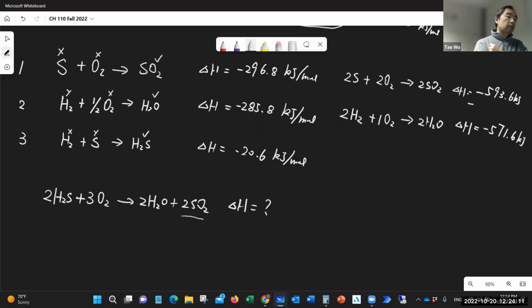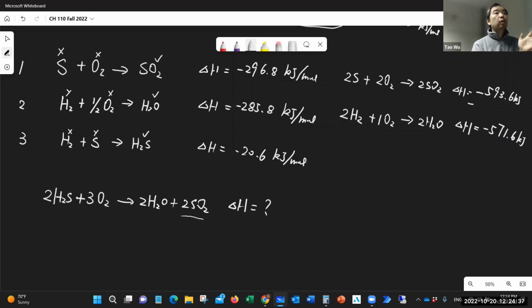Last one is H2S. Okay, H2S is unique, but where is H2S in the end? We have 2 H2S on the left side, but right now we only have 1 H2S on the right side. So remember, if we want to add up those 3 equations, if we didn't do anything, we should have 1 H2S on the right side.